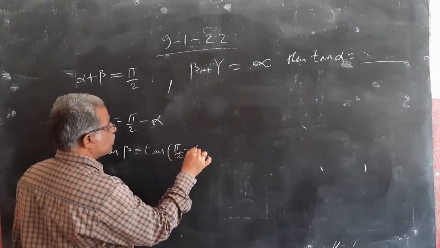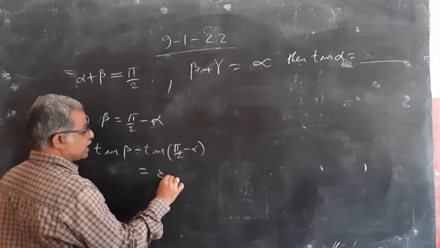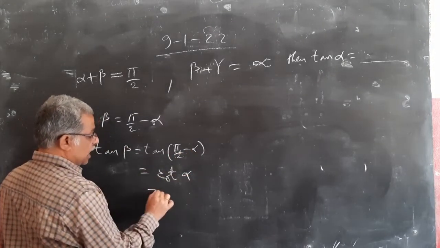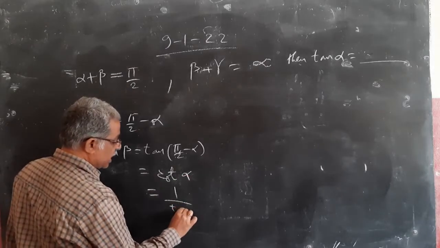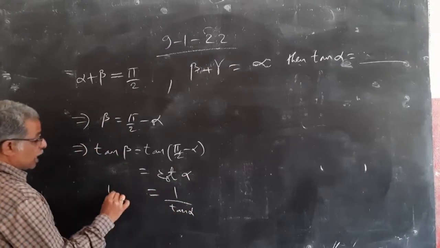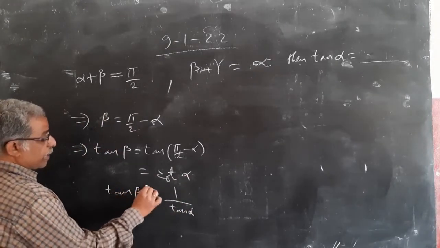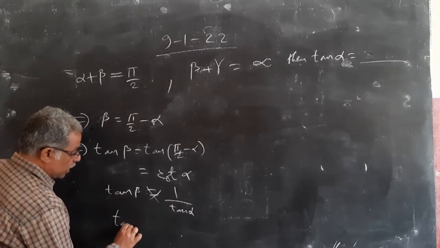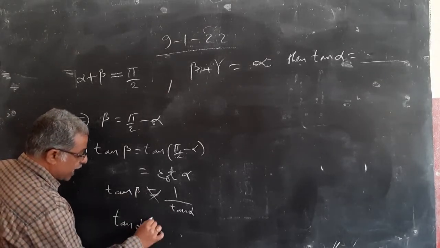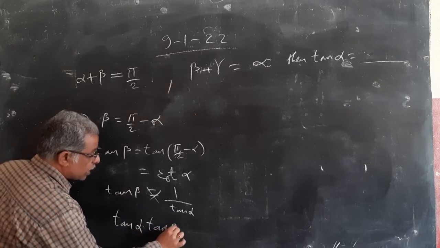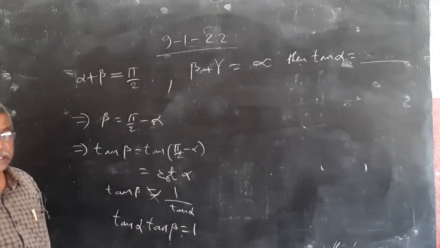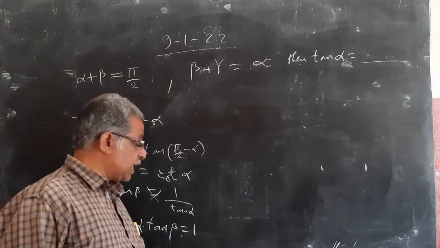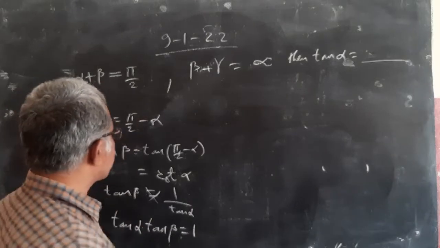Tan of 90 minus alpha is cot alpha, which I can write as 1 by tan alpha. And this side I have tan beta. By cross multiplication we get tan alpha into tan beta equal to 1.